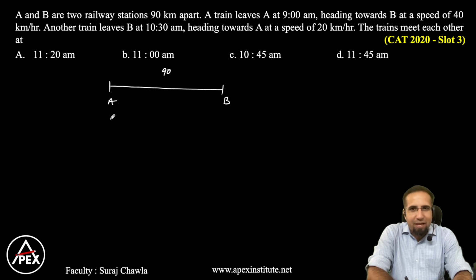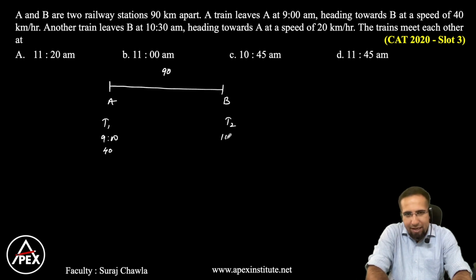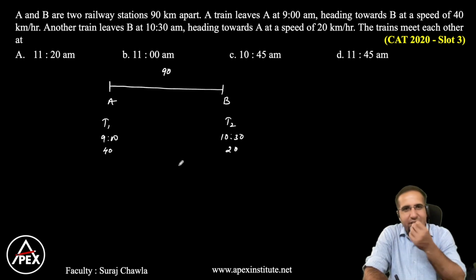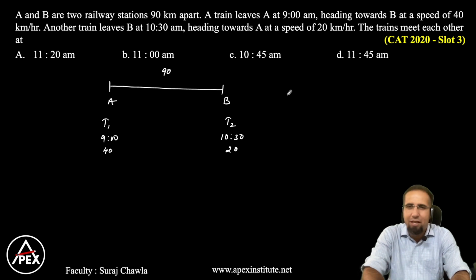A train leaves A at 9 a.m. heading towards B at a speed of 40 kilometers an hour. Let's say train 1 leaves at 9 o'clock at a speed of 40 kilometers an hour. Another train leaves B, that is T2, at 10:30 and heads at 20 kilometers an hour. Find the time at which the trains meet each other. So, we know very simple that the formula is time taken to meet is equal to relative distance upon relative speed.